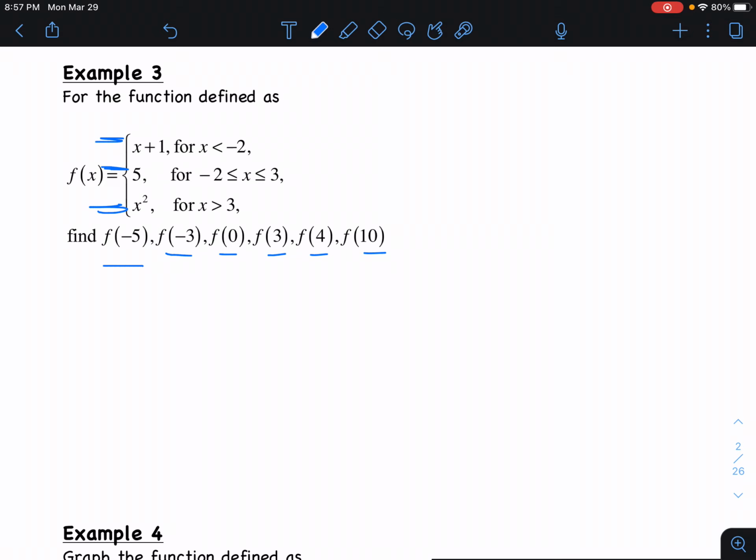When it says f of -5, f of -3, f of 0, and so on, that is telling you what the x's are. We're going to evaluate and plug these into the piecewise function's formulas and figure out what its y coordinate or output is. Again, very wordy here, just bear with me.